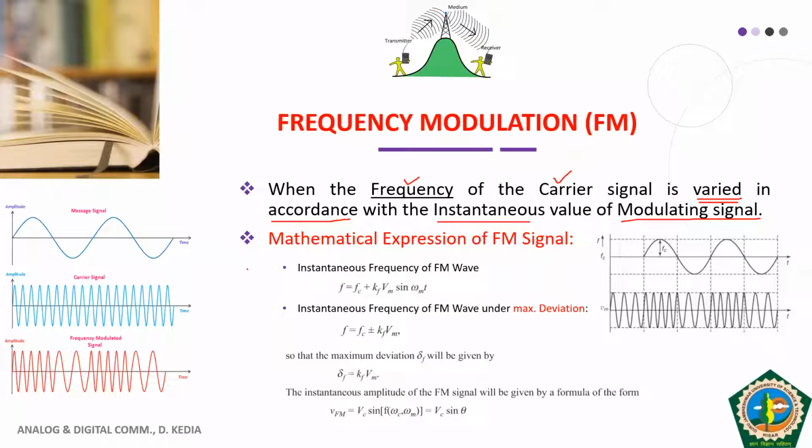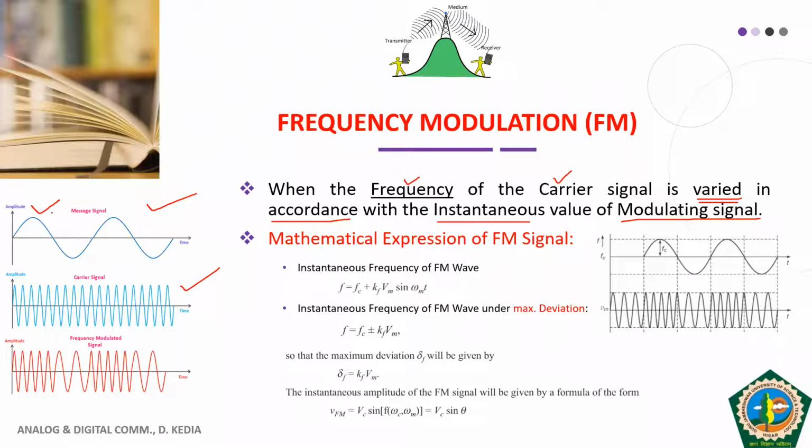If you carefully look at the diagram on the left-hand side, the message signal is our low frequency signal, and the carrier signal is our high frequency signal. Now what will happen? The frequency of the carrier signal will be changed in accordance with the instantaneous value of the message signal.